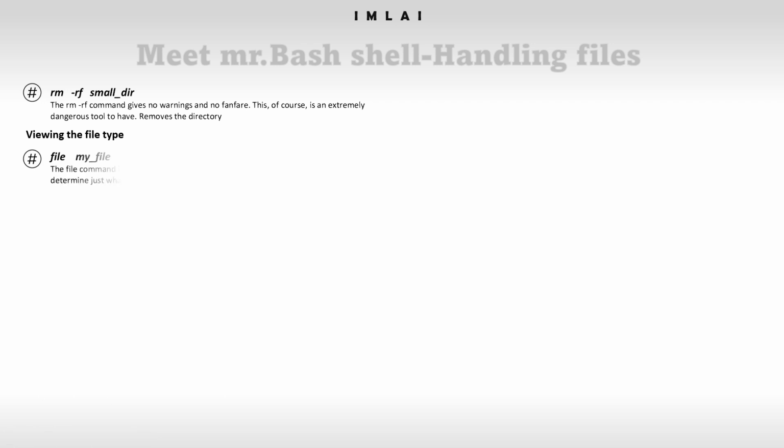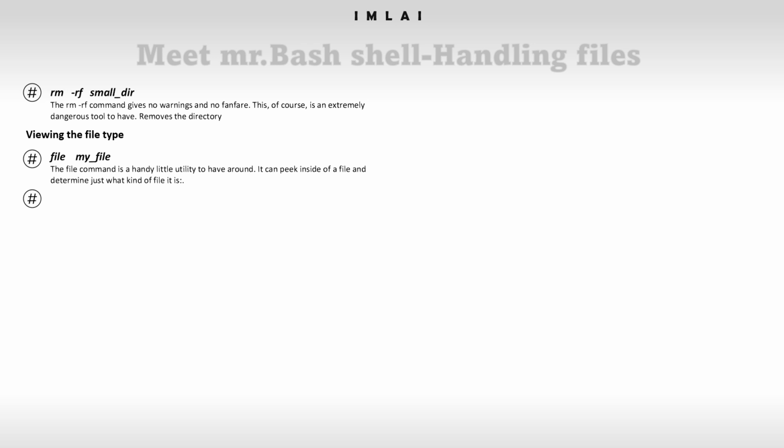The first one is viewing the file type. Before you go charging off trying to display a file, try to get a handle on what type of file it is. If you try to display a binary file, you get lots of gibberish on your monitor, and may even lock up your terminal emulator.